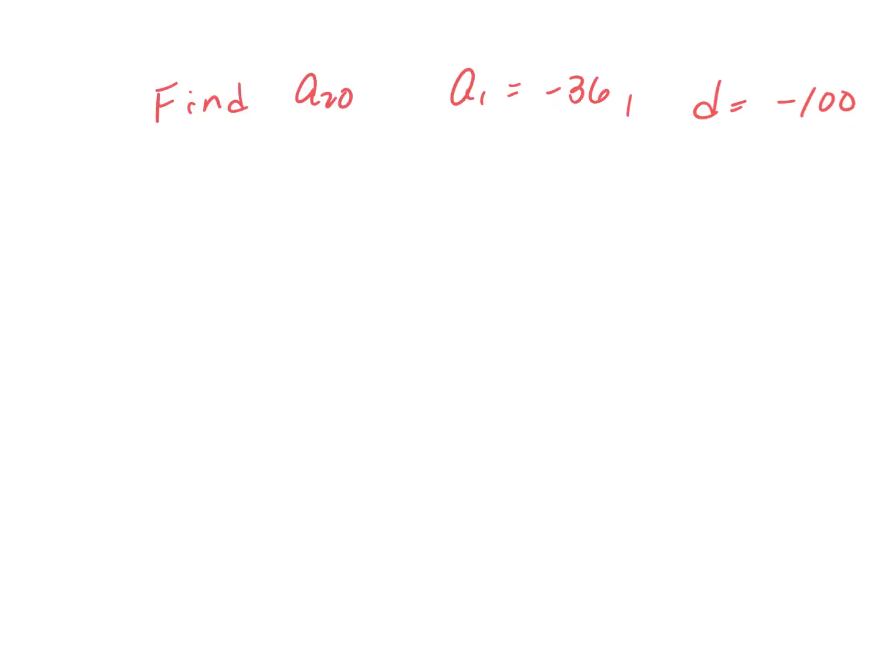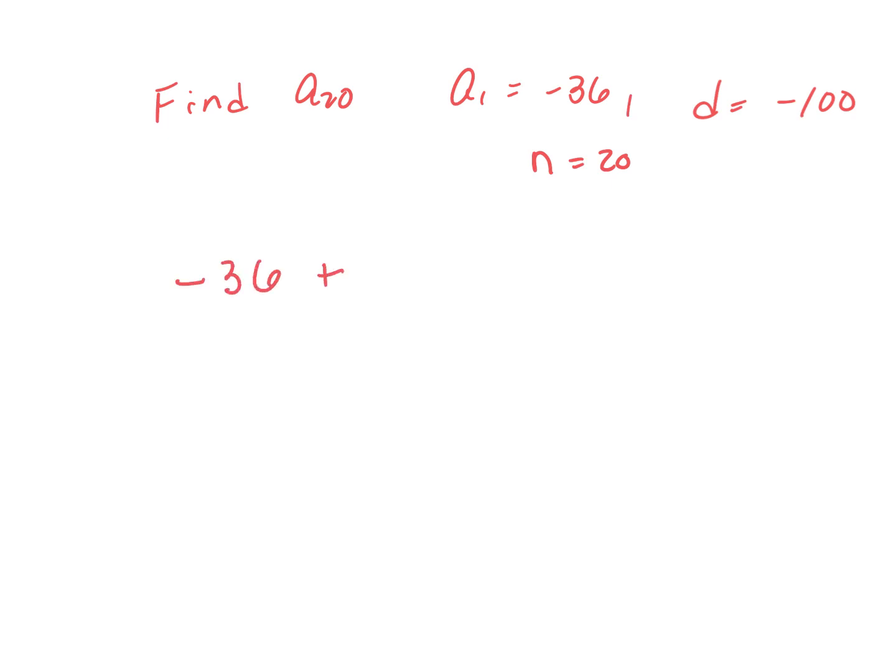So we need to find the 20th term if A1 is -36 and D is -100. So if we're finding A20, N is also 20. Remember that N is the same in both places in the formula. The 20th term has an N of 20, okay? So now we just put these in. This is plug and chug.